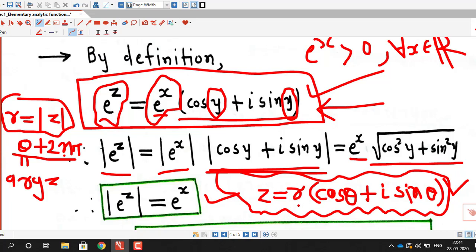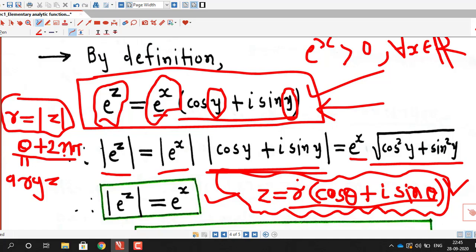If z is r into cos theta plus I sin theta, then this r is nothing but absolute value of z. So you can apply that logic here. Instead of z we have e raised to z, instead of r we have e raised to x, and instead of theta we have y.